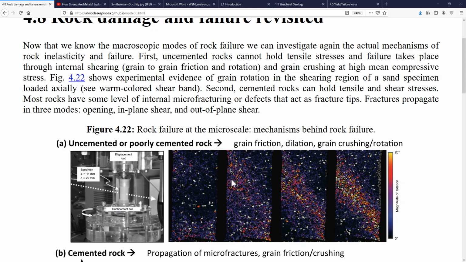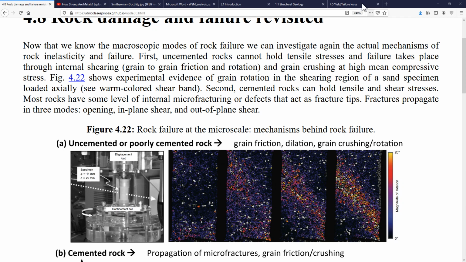And this shearing is going to localize, as we see in this example, and the failure is going to happen not through a single fracture, but through rotation and sliding of the grains with respect to each other.